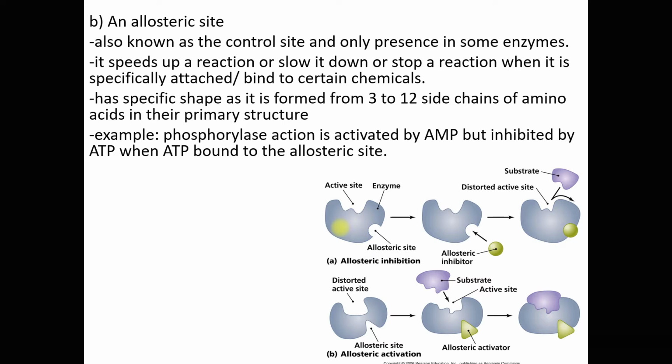Now, this allosteric site has a specific shape as it is formed from 3 to 12 side chains of amino acids in their primary structure. So the allosteric site is very similar to the active site. Now, example, phosphorylase action is activated by adenosine monophosphate, but inhibited by adenosine triphosphate when adenosine triphosphate is bound to the allosteric site.